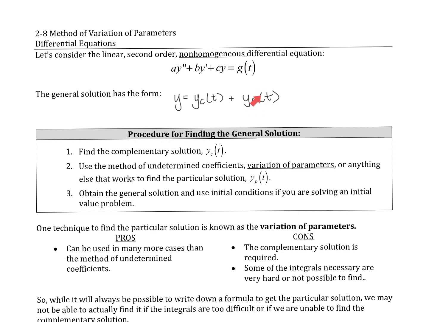The last section that we did, our particular solution, we found using the method of undetermined coefficients. And that method is super helpful if you have a very specific g of t function. Another method that we're going to look at today is called the variation of parameters. And it has some good and bad things that go with it.